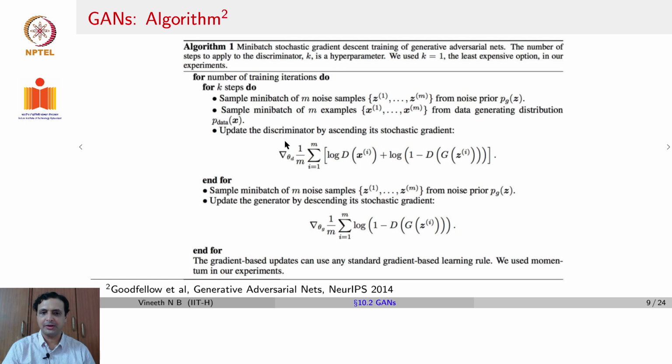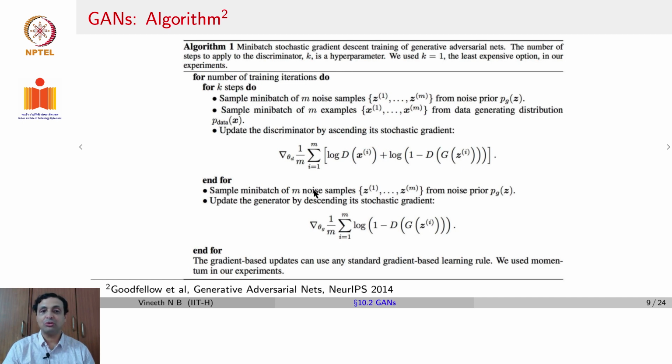So we update the discriminator by ascending its stochastic gradient, which is obtained by taking this loss function and differentiating with respect to each weight in the discriminator network. And you do this for k steps. So for k steps, you update the discriminator. It's not yet completely trained. Once you've done it for k steps, now switch over and train the generator.